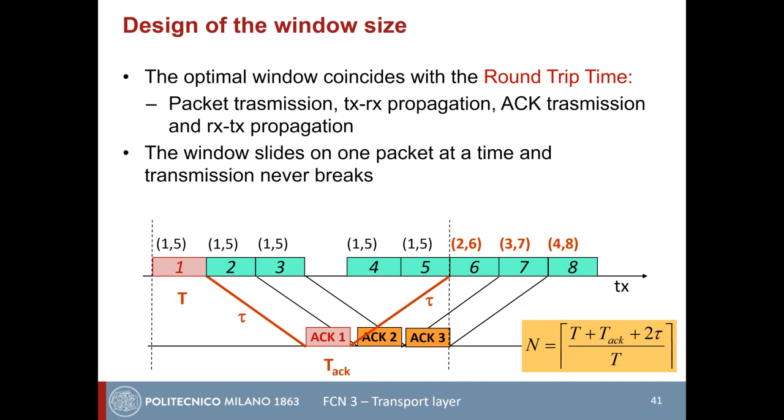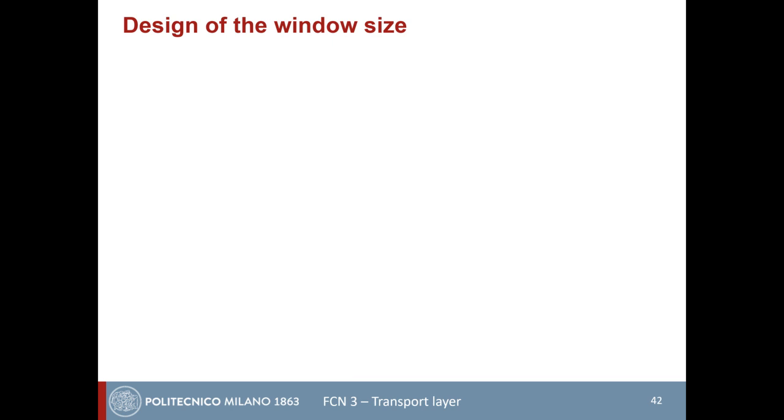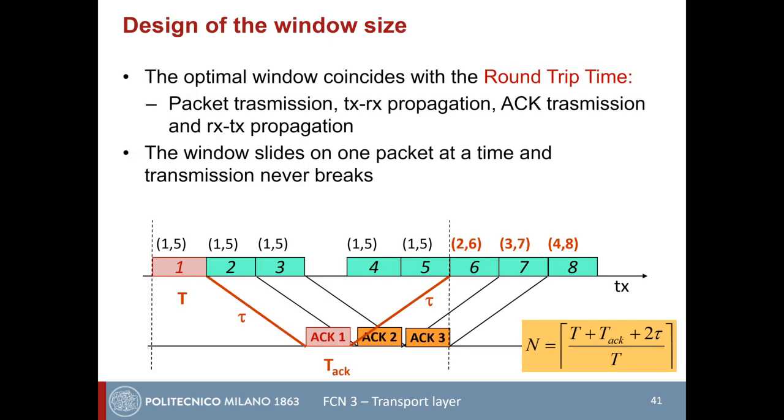There are cases, however, when this round trip time is not known. This round trip time is typically known when you have a point-to-point connection. So if the system is, for example, a layer 2 protocol, then the sender and the receiver are connected by a physical link, so you know for sure the propagation delay, because especially if the physical link is a wired link, and you know also the transmission time of the transmitter and of the receiver.